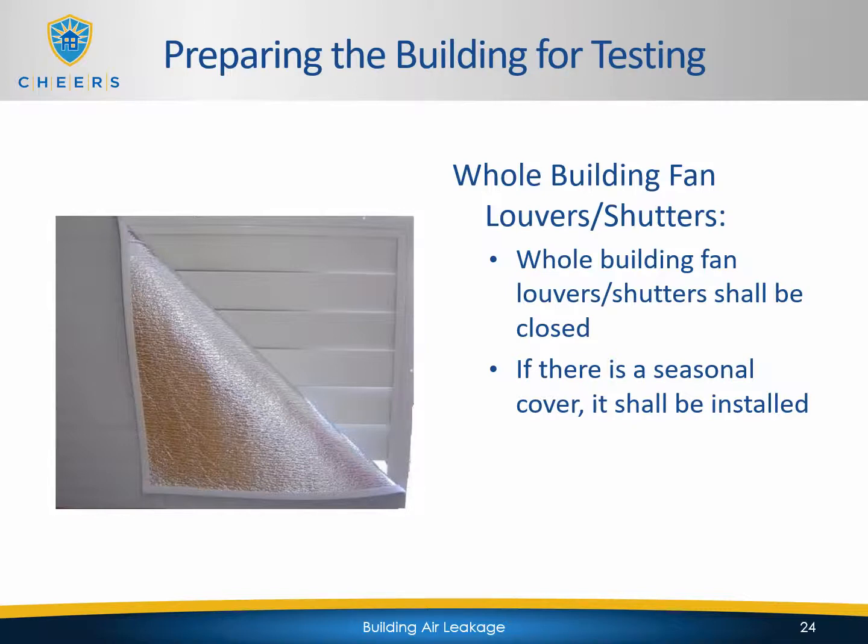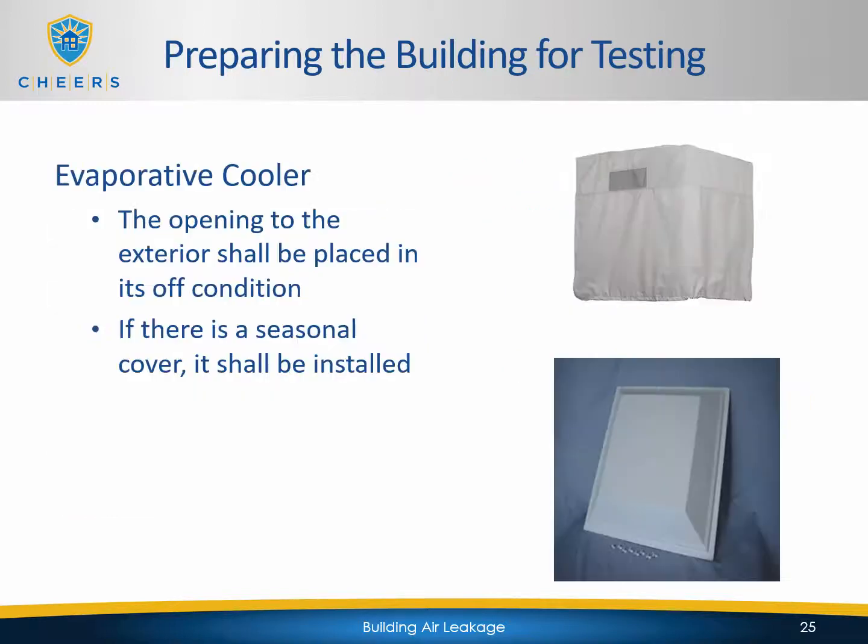Whole building fan louver shutters shall be closed, and if there is a seasonal cover, it shall be installed. Now for evap coolers, the opening to the exterior shall be placed in its off condition, and if there is a seasonal cover as well, it shall be installed.